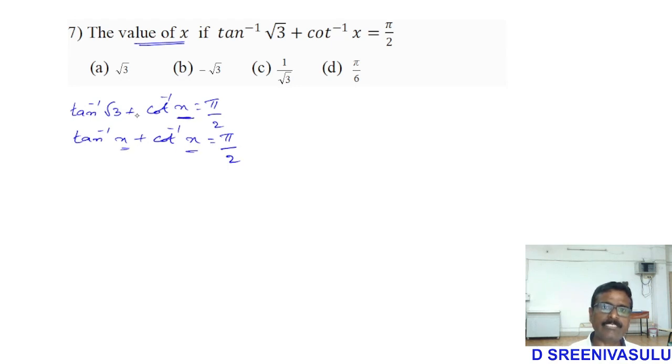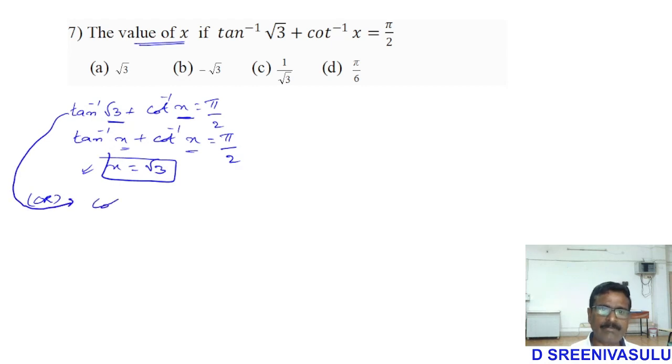Therefore, x is equal to root 3. You can write the direct answer, x is equal to root 3, if you know the properties, but properties are not in the syllabus. Otherwise, if you are learning properties, this is the benefit. Otherwise, this method you may use also.